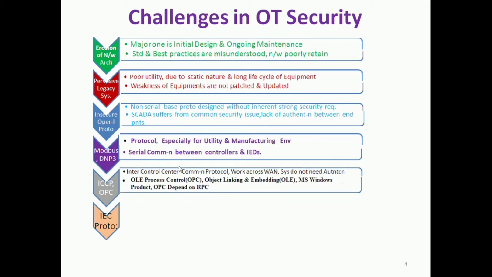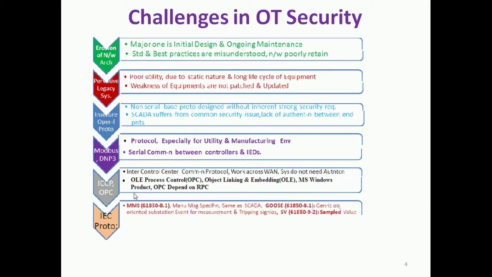OPC is OLE for Process Control, whereas OLE is Object Linking and Embedding. Altogether it is OLE for Process Control, that is OPC. As an MS Windows product, OPC depends on RPC, that is, remote procedure calls.